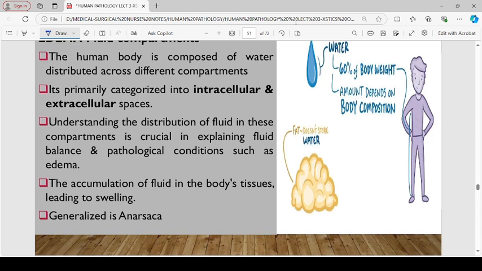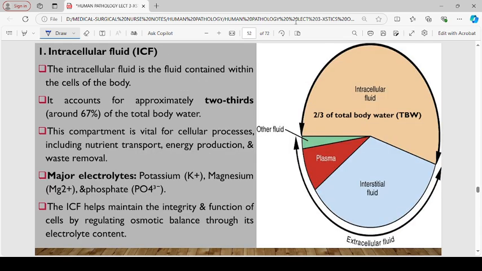So, if you look at the first compartment, which is intracellular fluid, it is the fluid contained within the cells of our body, and it accounts for approximately two-thirds, around 67%, of the total body water.